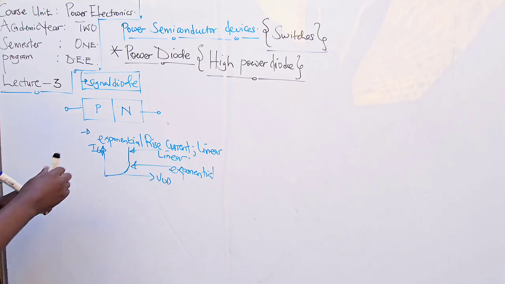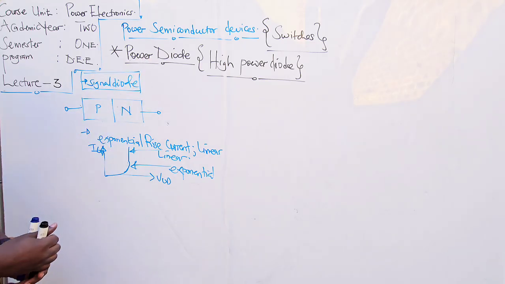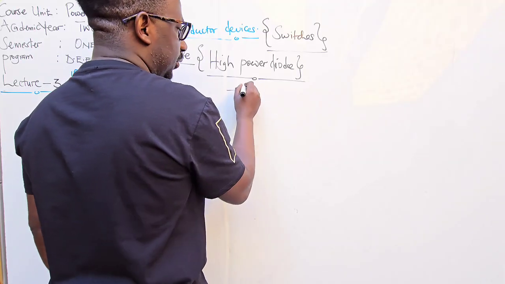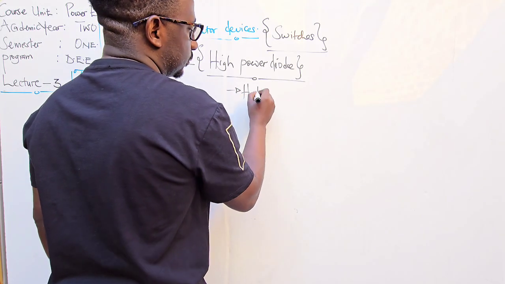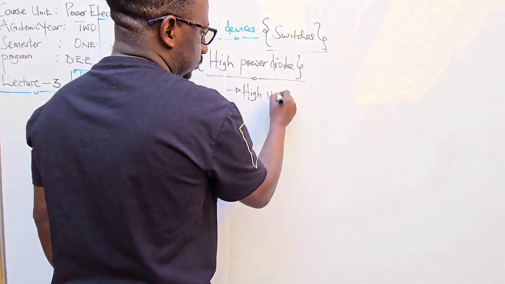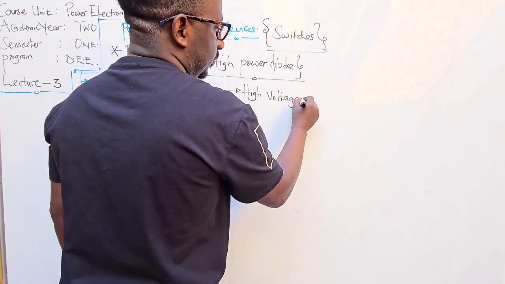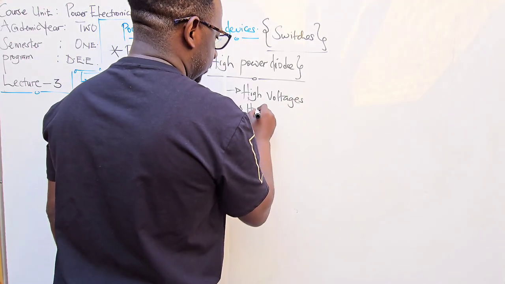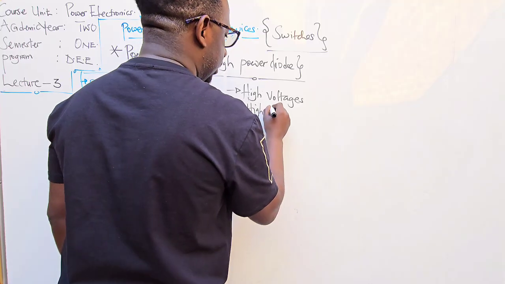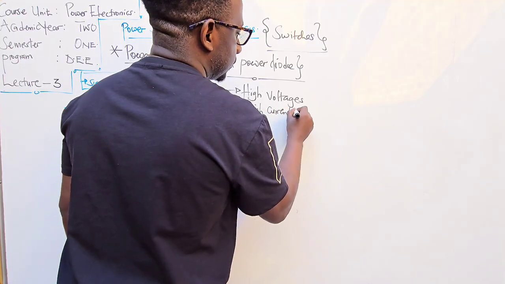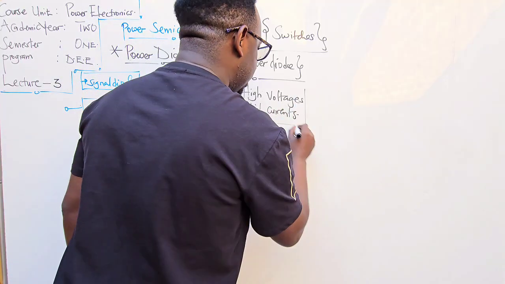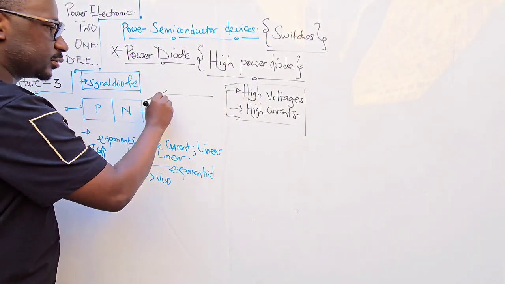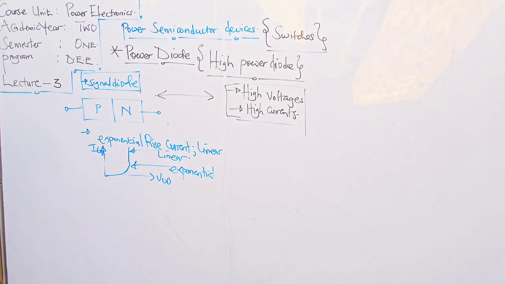Now let's switch over to something else, the power diode. It is completely designed to handle high voltages, also designed to handle high currents. That's what strikes the difference between those two.